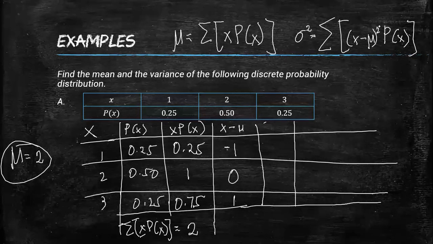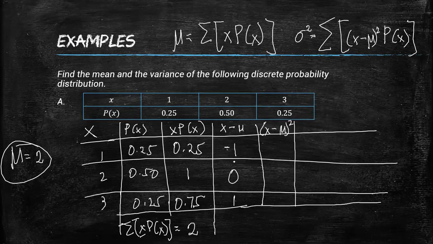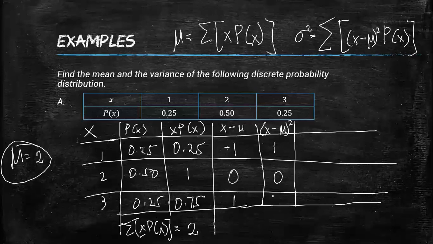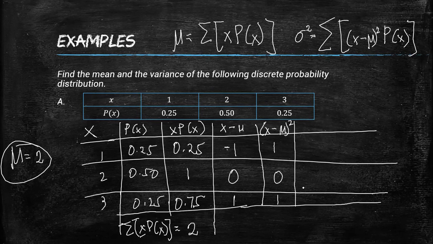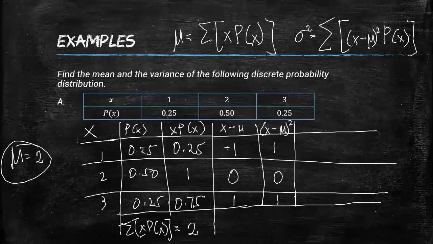Okay. Next is, ayun na, x minus mu na tayo. Isi-squared natin siya kasi may square dito. So, we have x minus mu squared. Negative 1 squared, ilan? 1. 0 squared, ilan? 0. 1 squared, 1 din. Make sure class, dahil nag-squared tayo, tandaan nyo ha, ibig sabihin nun, positive lahat ng numbers. Kasi negative times negative is positive.